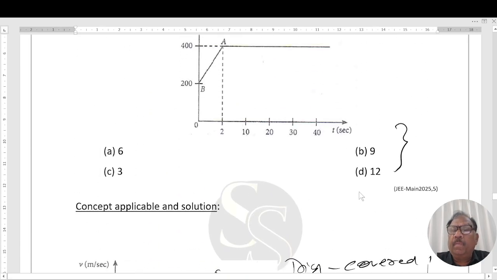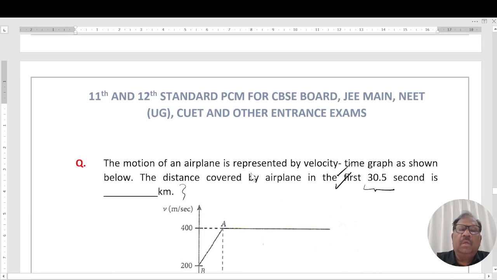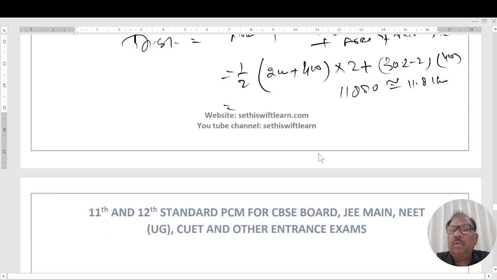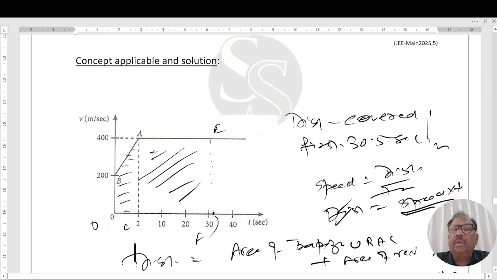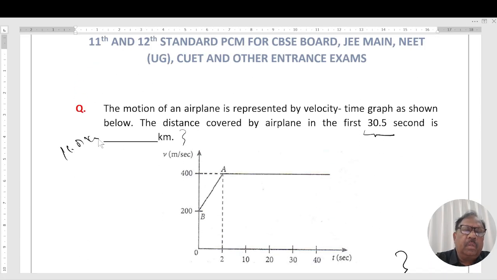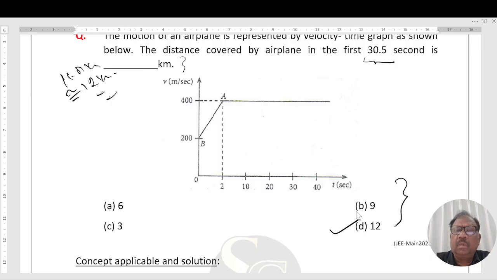Options are given A, B, C, D. So if you approximate, then D is the correct answer. So our answer came 11.8 kilometer, that is approximately 12 kilometer, and option D is the correct option, right? Next question.